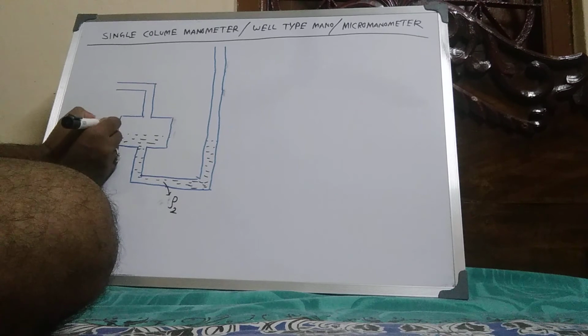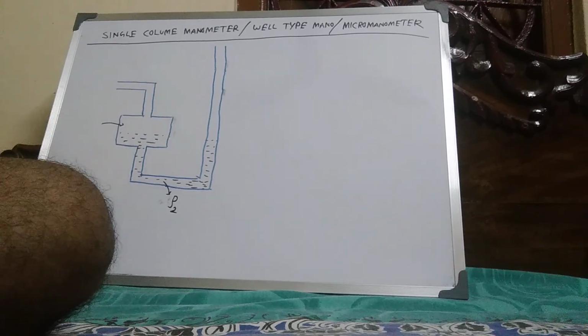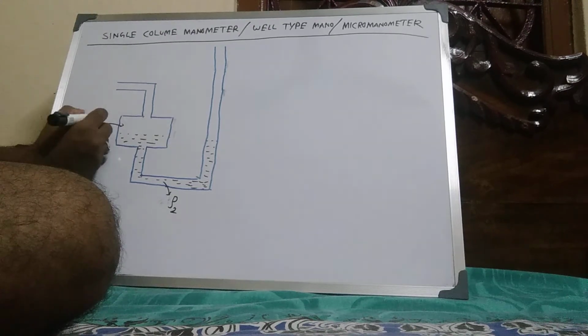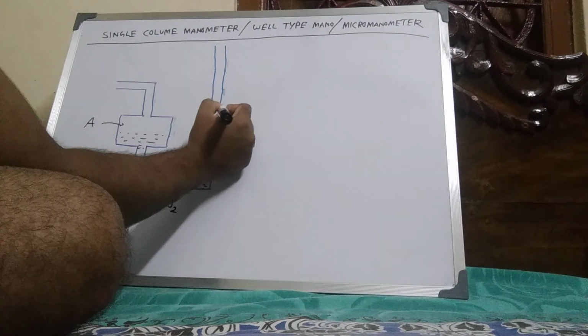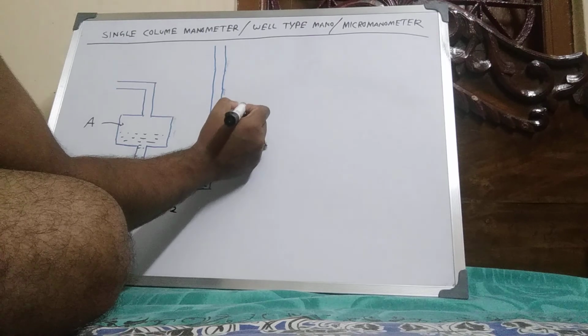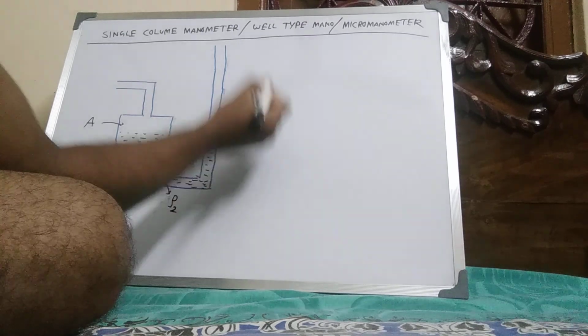Suppose this left limb area is A1, and this right limb cross-section area is A2.